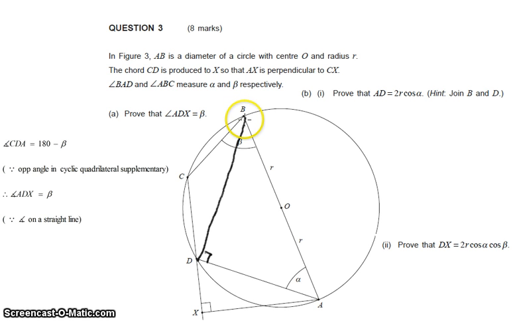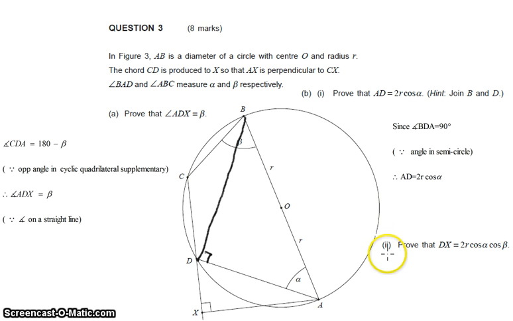As we know, this is the angle in a semicircle, and it's always 90 degrees. So we can then find AD easily, and AD is therefore equal to 2R cosine alpha.